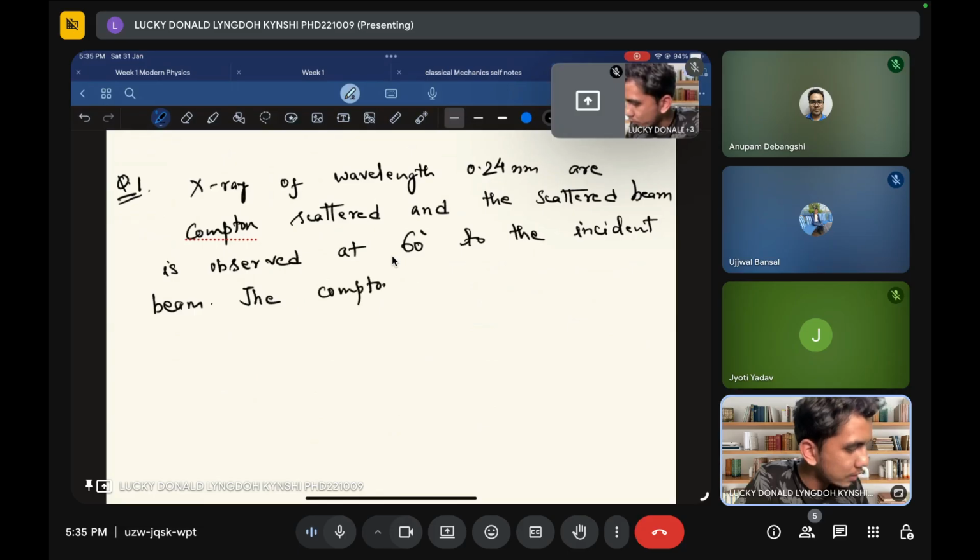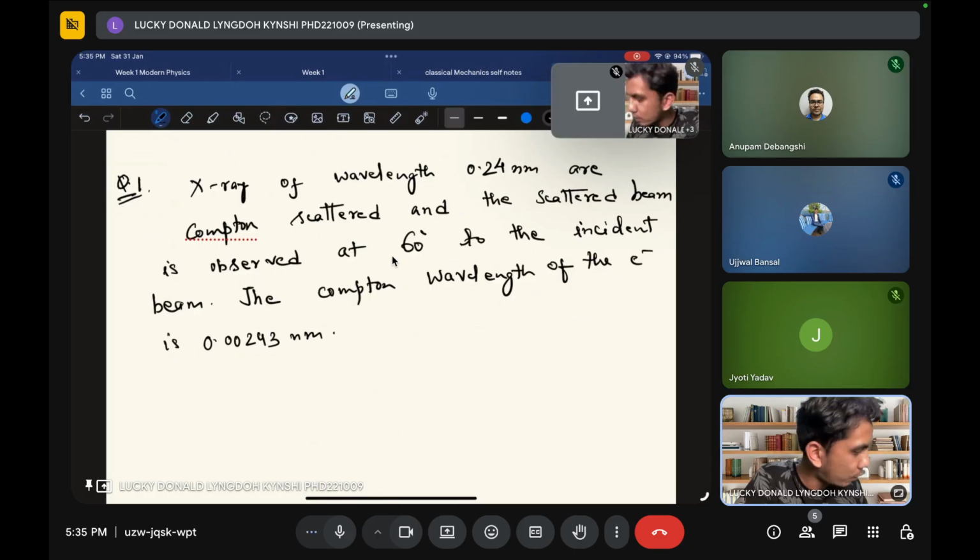The Compton wavelength of the electron is given to you as 0.00243 nanometer.